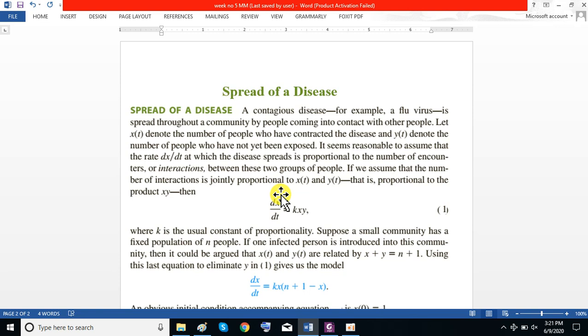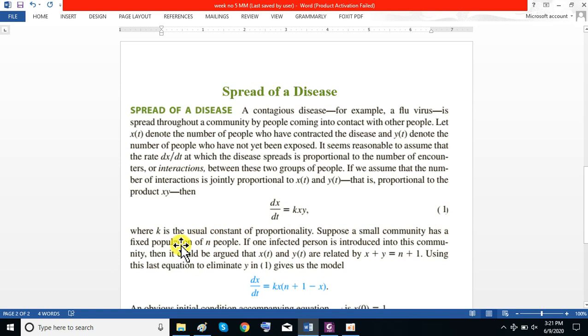We model only the spread of the disease, not the whole assumption that we have recovery and so on. So this is just the spread of a disease model, where k is the usual constant of proportionality. x(t) is the number of people who have contracted the disease, and y(t) is the number of people in the community who have not yet been exposed.